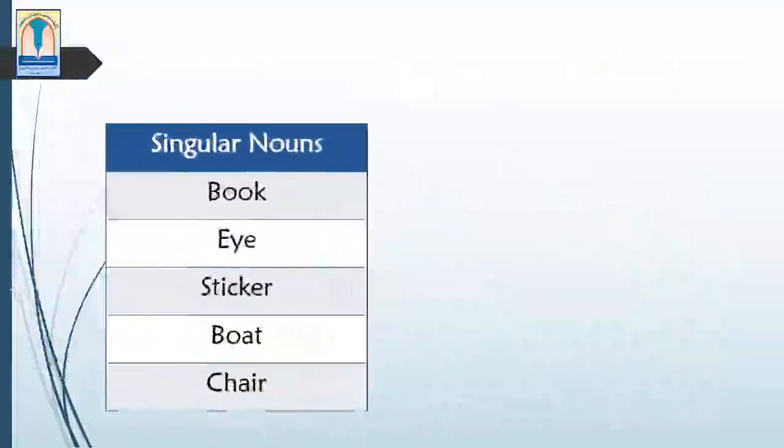My kids, please look at the words in this box and try to change them to plural. Book, eye, sticker, boat, chair. Have 10 seconds, try to find them orally.